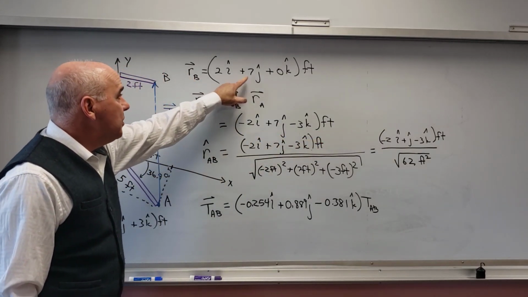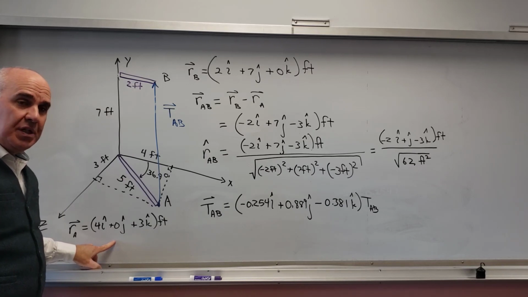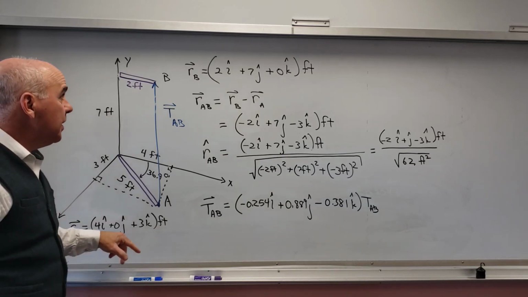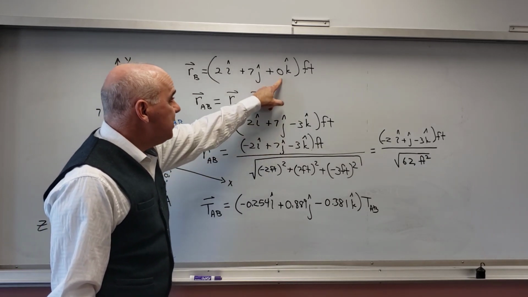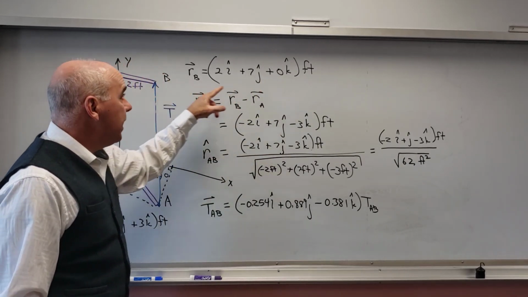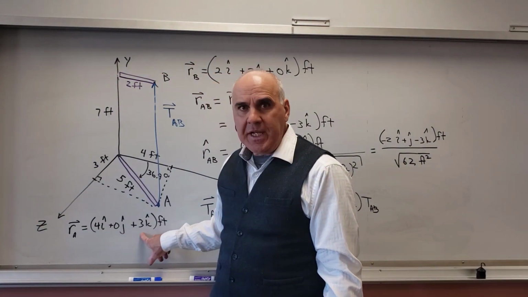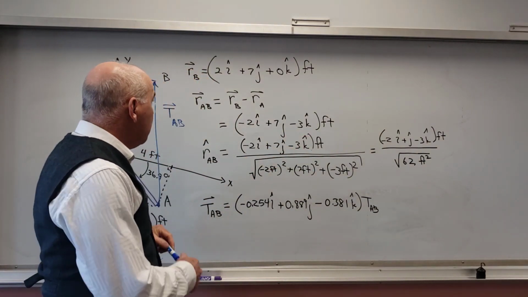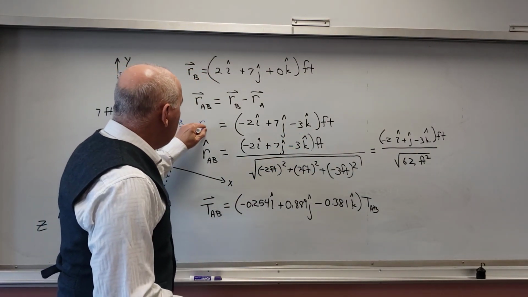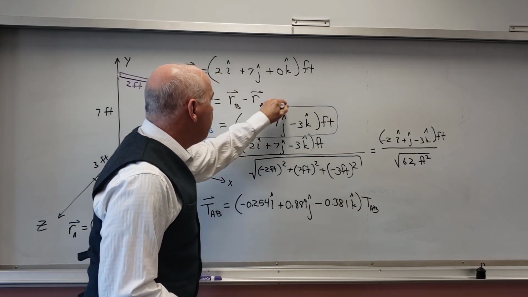And then 7j minus 0j, because there is no j component down here. So 7 minus 0 is simply 7. And then 0k, because up here it's along the x-axis, 0k, and then subtract from that 3k, and that gives me a negative 3k. And so RAB, R from A to B, is this right in here.